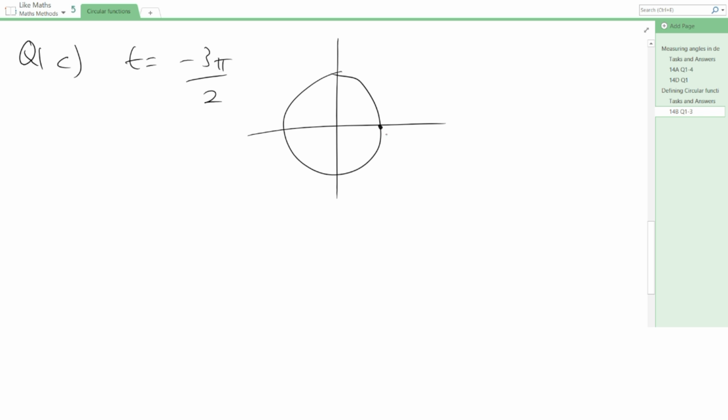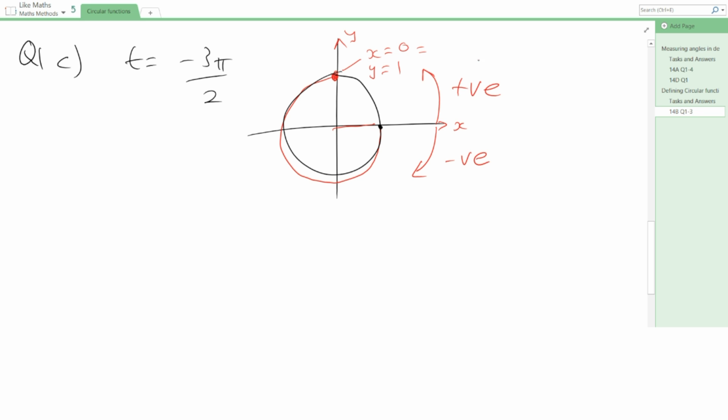Anti-clockwise is positive, so going that way is positive, and going this way, clockwise, is negative. Just one of those conventions. So if we go 3/4 of the way around to here, then x is going to be 0 and y is going to be 1.